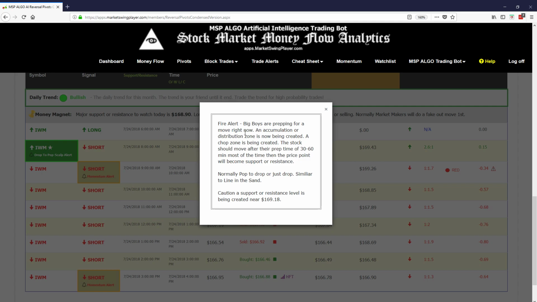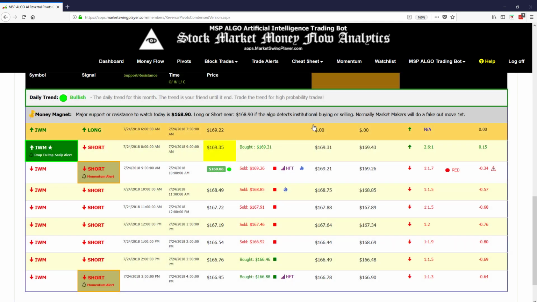An accumulation or distribution zone is now being created. So we know a chop zone. So what's the price? It's saying it's near 169.18. Okay, so now we want to go to our chart.